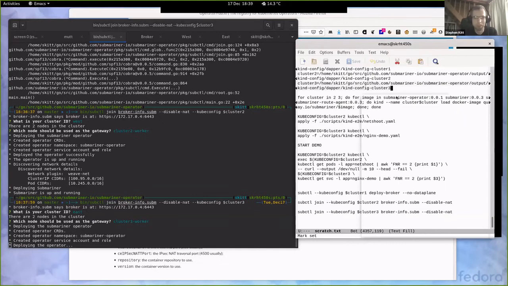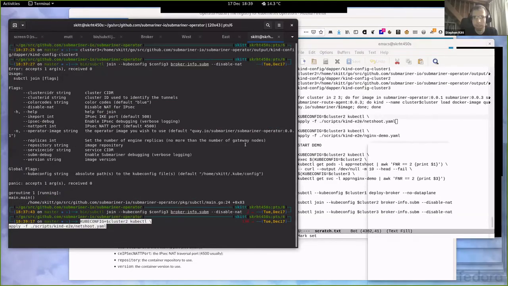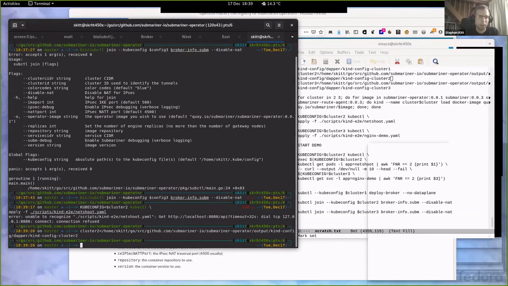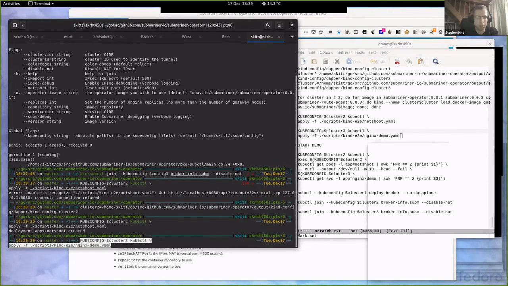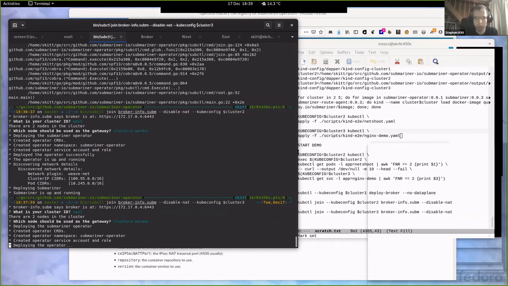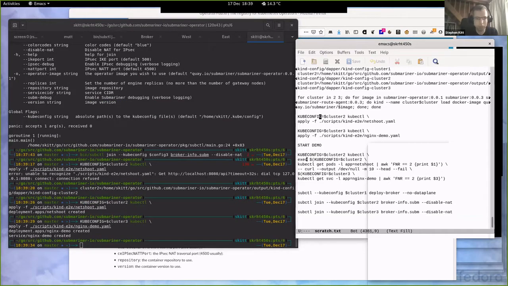So I'll just set up Nginx cluster and Nginx other. While deploying, I'll run a quick test just to show that we don't have connectivity. Oh, and we need to wait for NetShoot to deploy.